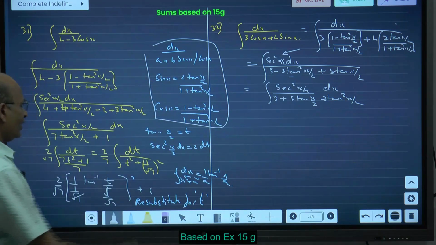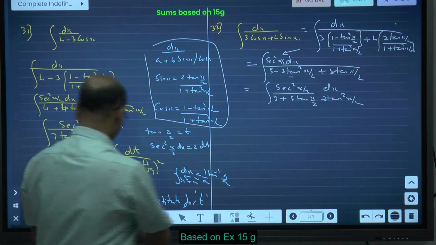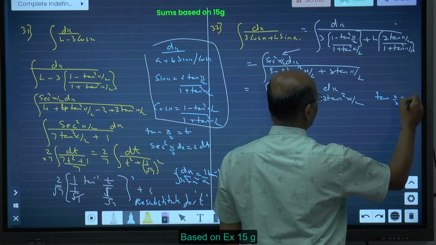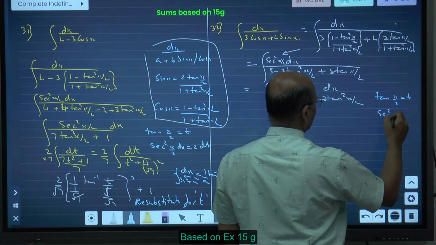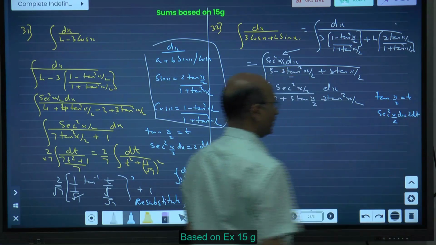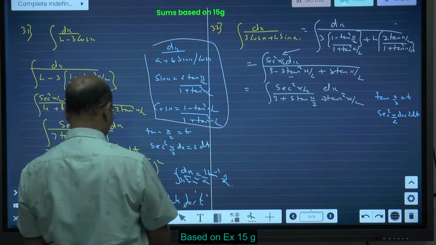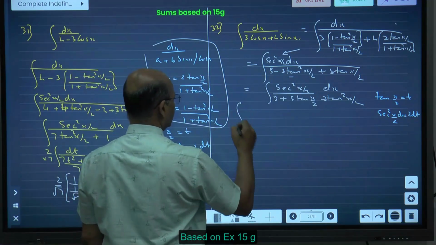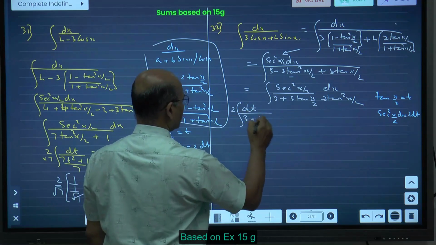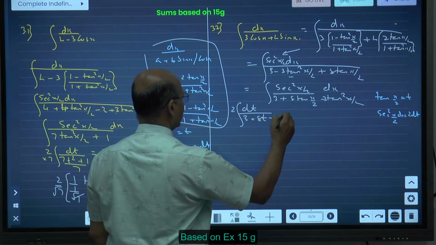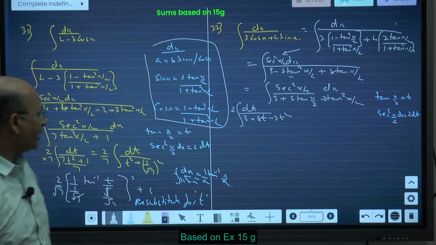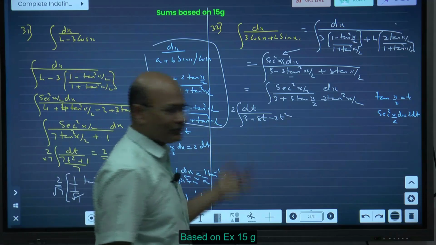Now the same thing: I put tan x by 2 as t. So what will happen now? Sec square x by 2 dx will be 2 dt. So quickly, children, this will become 2 dt upon 3 plus 8t minus 3t square. So dx upon quadratic, let us stick to the simple procedure.